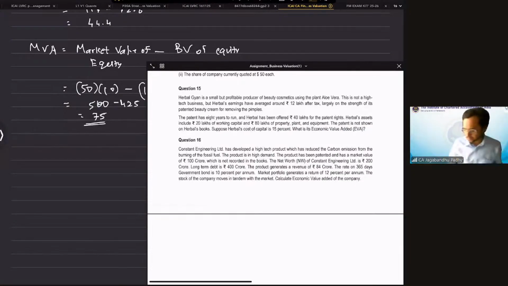So in fact, whatever you have, the 12 lakh, that itself will be your NOPAT, because we don't have the information about the debt component also, right?